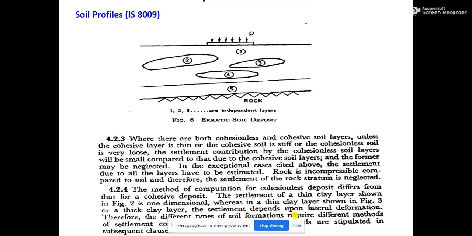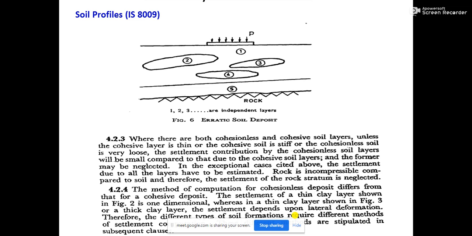Suppose you have a clay layer which is thick enough and is sandwiched between two cohesionless soil layers, or between a cohesionless soil layer at top and a rocky stratum at bottom, and the cohesionless soil layer is also very loosely packed.